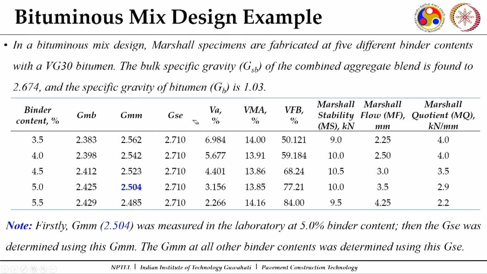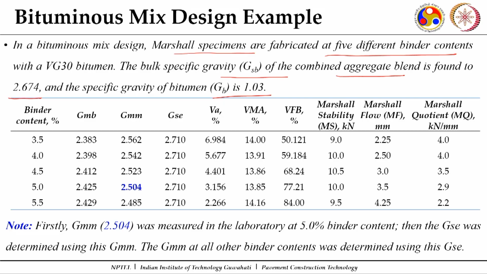So, an example has been created here, which is a bituminous mix design. Marshall specimens are prepared at 5 different binder contents using a paving grade VG30 binder. The information given is that the bulk specific gravity of the combined aggregate blend was determined as 2.674, and the specific gravity of binder is 1.03.